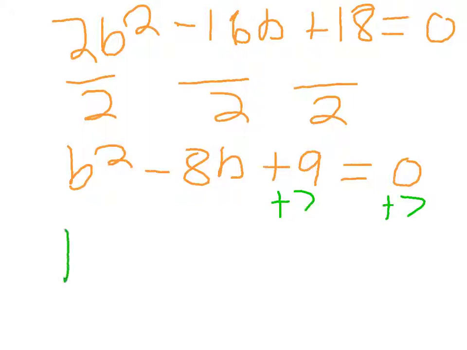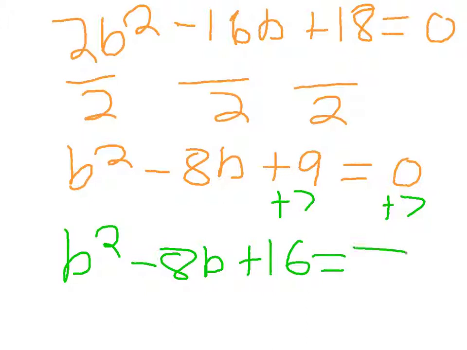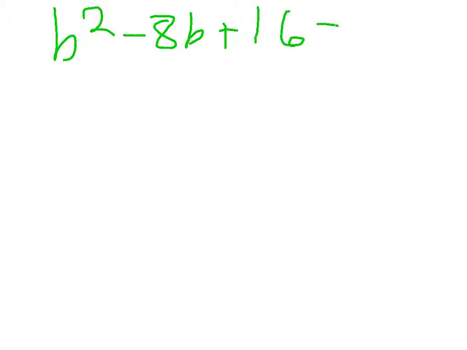Then we end up with b squared minus 8b plus 16 equals 7.